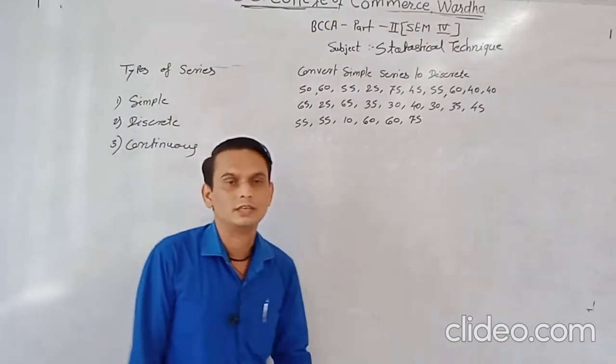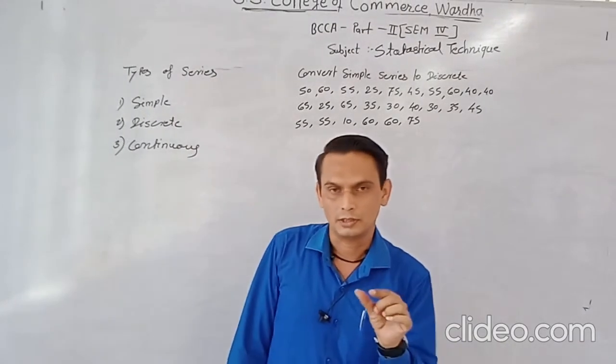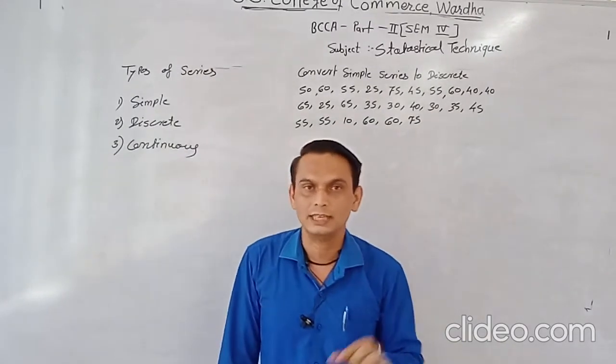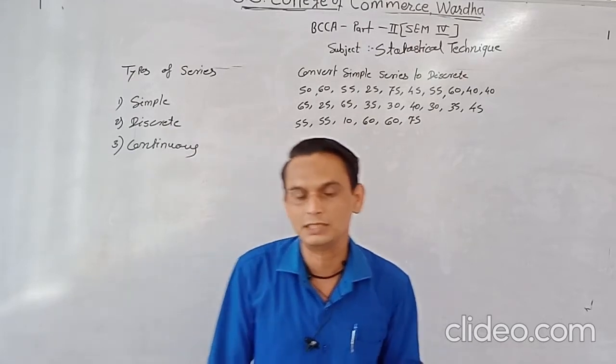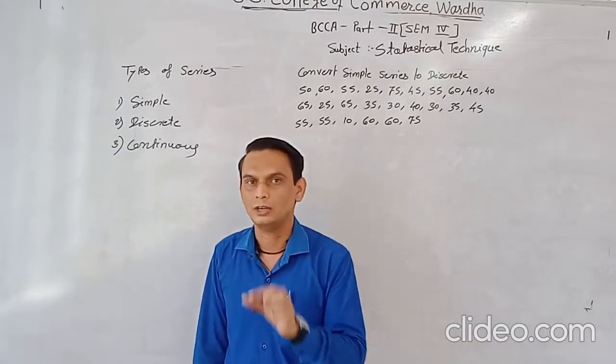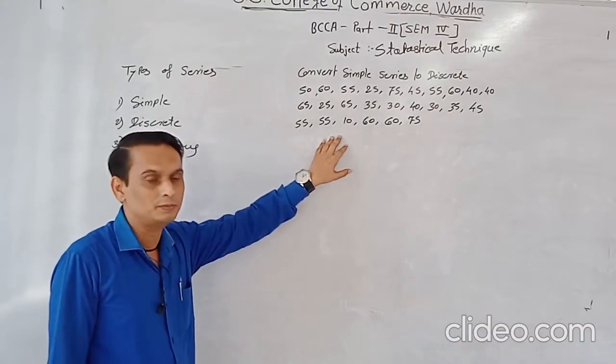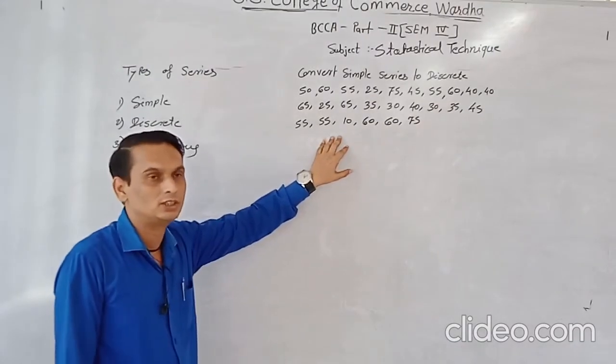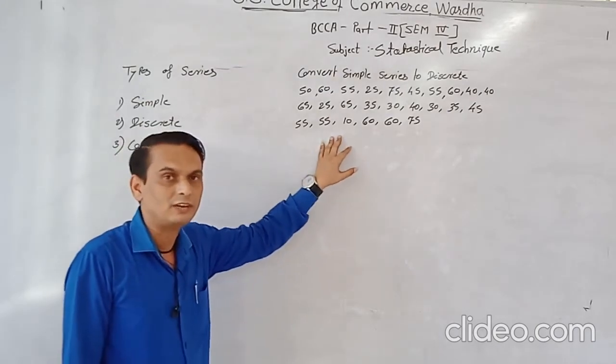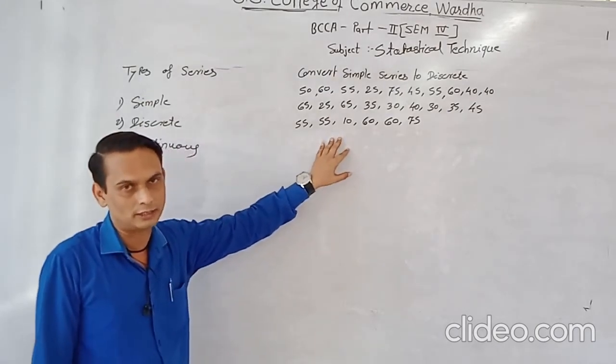And when the data is available in the form of the observation as well as its frequency. Frequency, or fashion, means how many times a value repeats in a series, and that is also called a frequency.